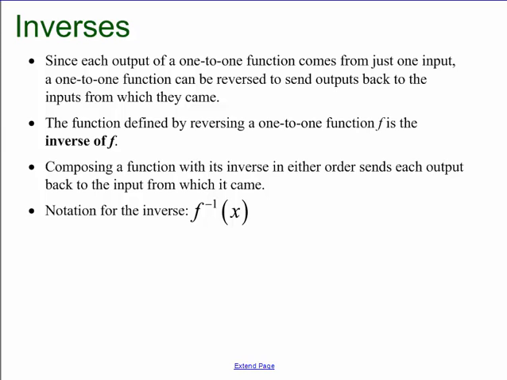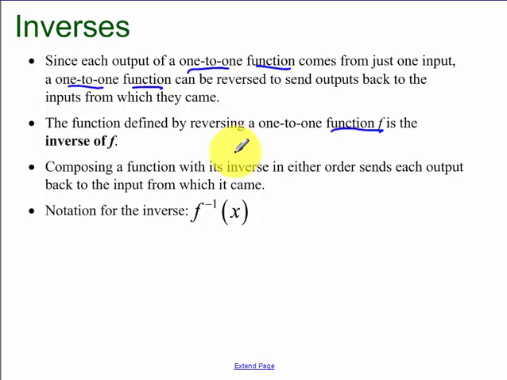So inverses. Since each output of a 1-to-1 function comes from just one input of a 1-to-1 function, you can reverse them and find an inverse function. So if a function's 1-to-1, the inverse is a function.